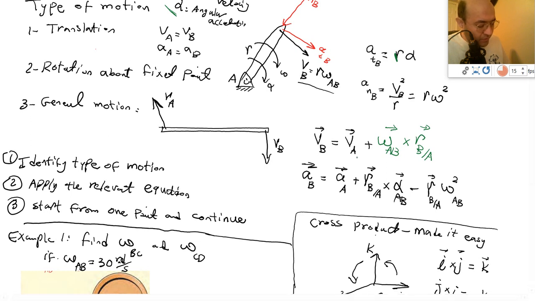Similarly, when we differentiate this equation, we get a separate equation. The derivative of VA will become AA, then omega will become alpha. We talked about that in the other lecture, and we ended up with the equation that you can see here.